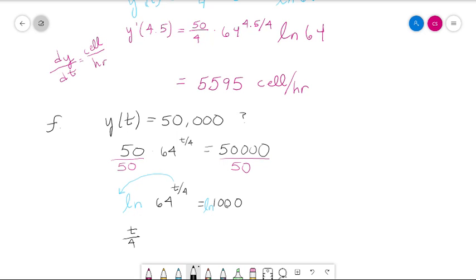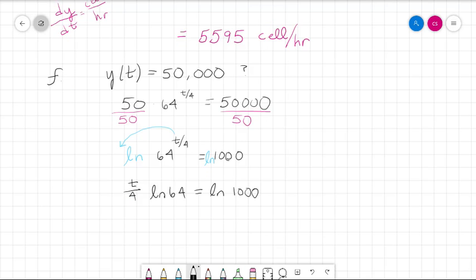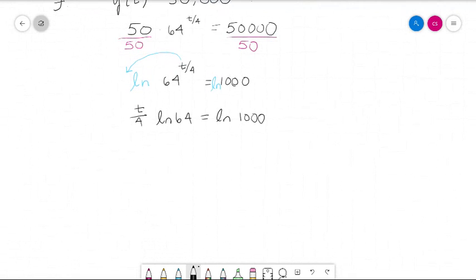So t over 4 times natural log of 64 equals natural log of 1,000. And we solve from there. So let's divide both sides by natural log of 64. And then we're going to have to multiply both sides by 4. So I'll do it step by step.